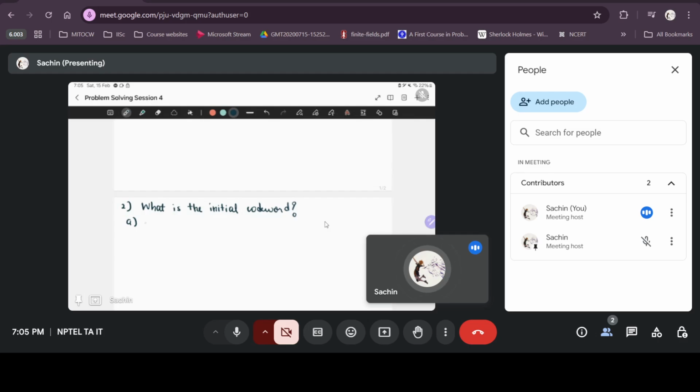And the options are again: first option is 12 zeros, second option is 110, 001, 000, 101, third option is 111, 111, 111, 111, and option D is none of the above.